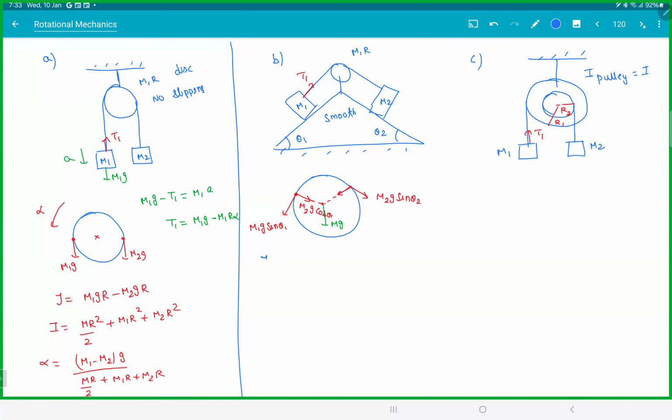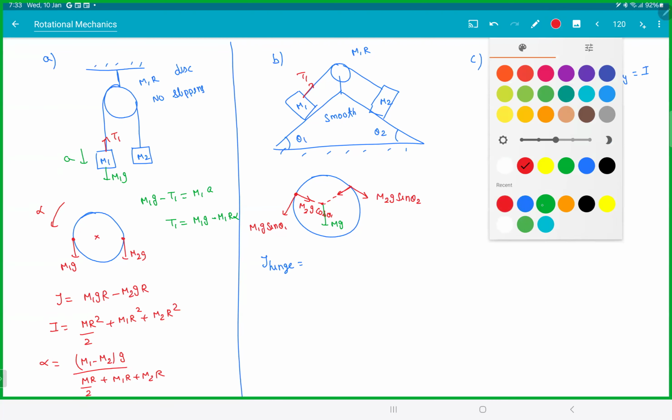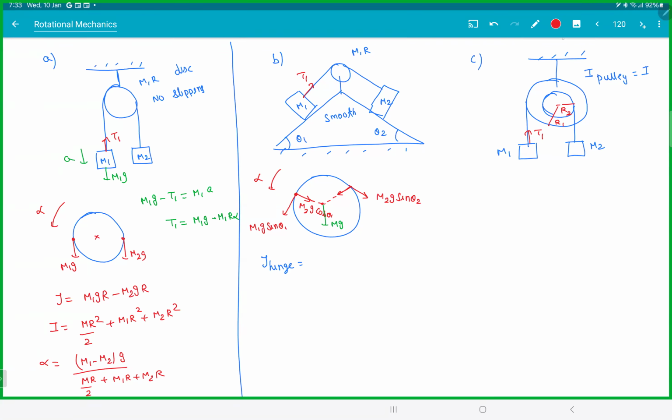So if you take torque about the hinge, again I'll assume this is alpha. This would be (M1g sin theta 1 minus M2g sin theta 2) into R. Moment of inertia will be the same thing, MR squared by 2 plus M1R squared plus M2R squared. Moment of inertia doesn't care about angles, it just sees the distances.